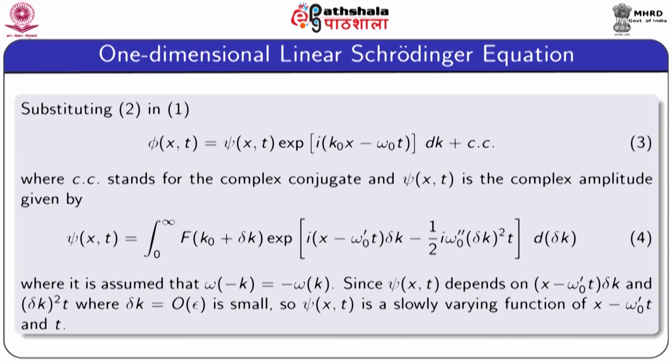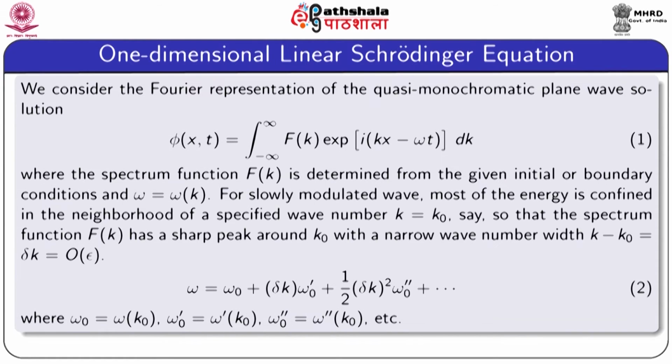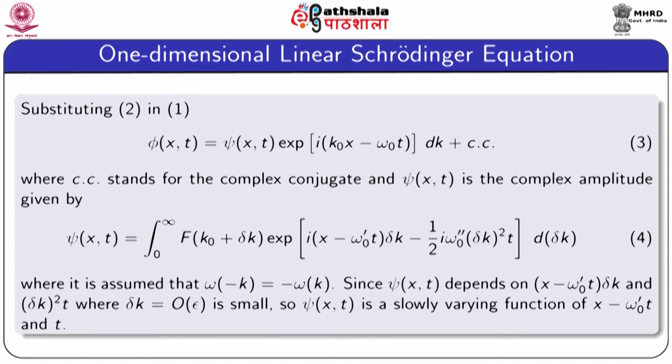Now, substituting the dispersion relation from 2 into equation 1, we obtain phi equals psi times e to the power i(k0 x minus omega 0 t) plus c.c. Here c.c. stands for complex conjugate and the function psi(x,t) is the complex amplitude of the solution and is defined as psi equals the integral from 0 to infinity of F(k0 plus delta k) e to the power i[(x minus omega 0 dash t) delta k minus half omega 0 double dash delta k squared t] d(delta k).